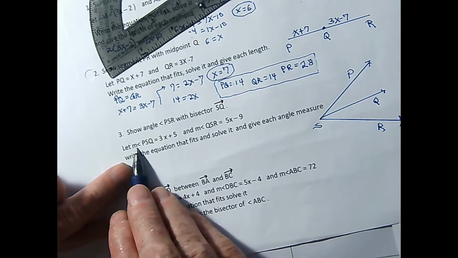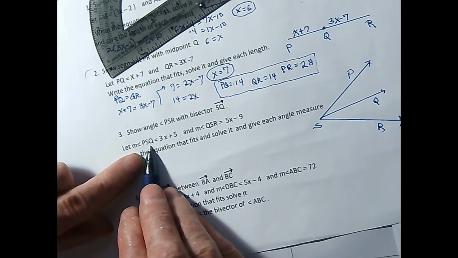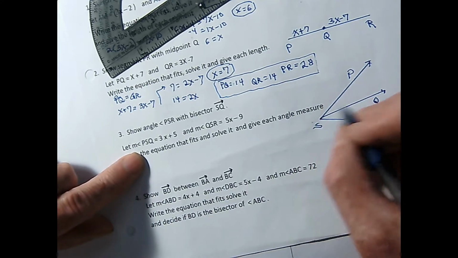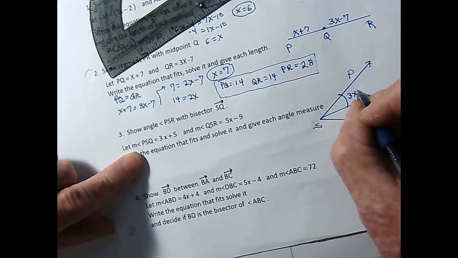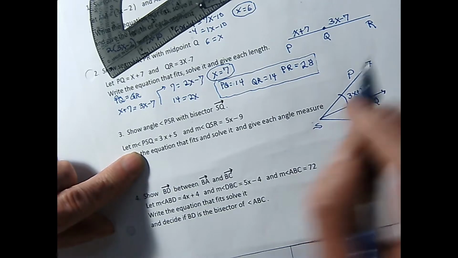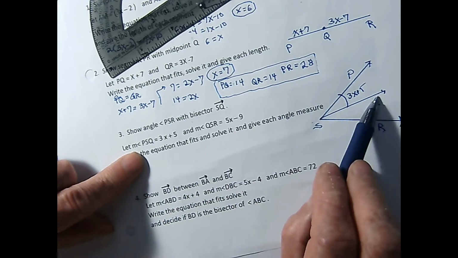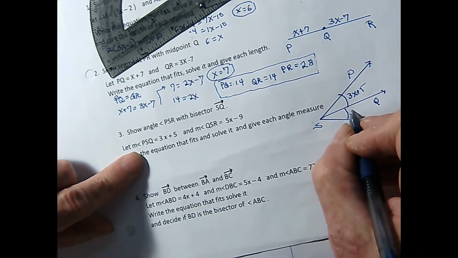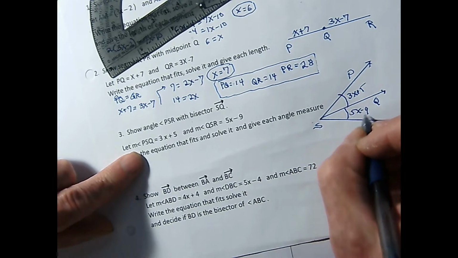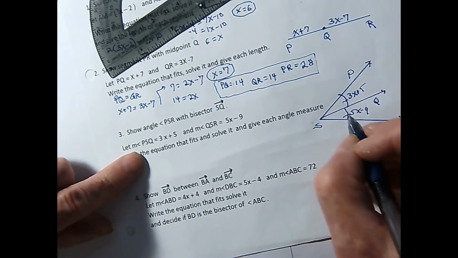The measure of angle PSQ is 3x plus 5. PSQ, that's this angle. 3x plus 5. And the measure of angle QSR, here's QSR, that's the other small angle, is 5x minus 9. I should recognize that those are equal in measure.